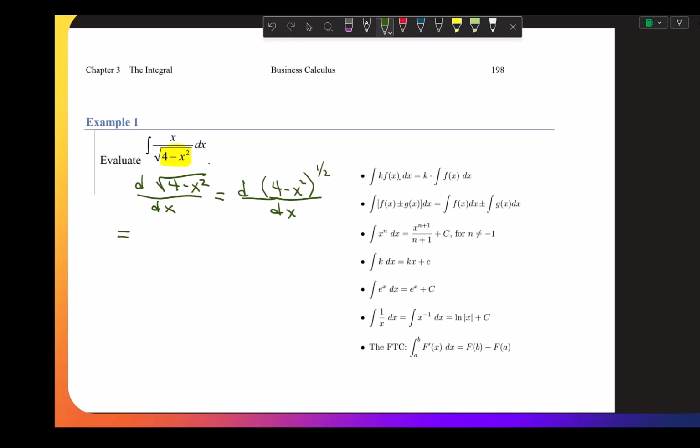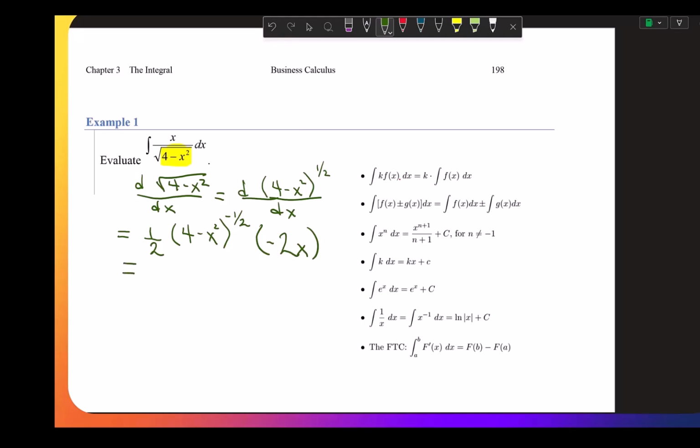I'm going to use the chain rule, which says I bring down the 1/2. I take 4 minus x squared. I subtract 1 from the 1/2. I get minus 1/2. Then I multiply by the derivative of the inside function, which is the derivative of 4 minus x squared, or minus 2x.